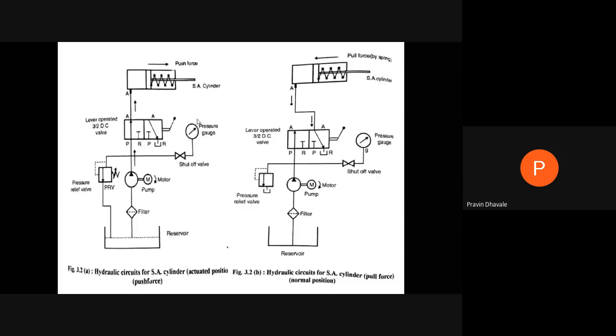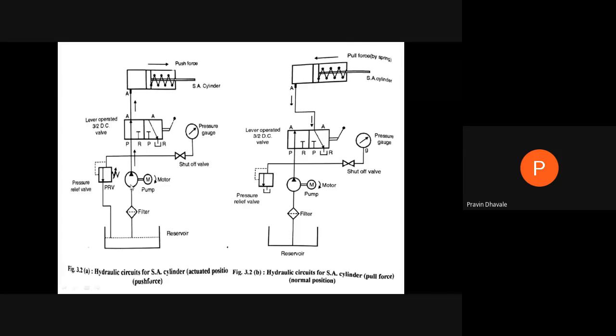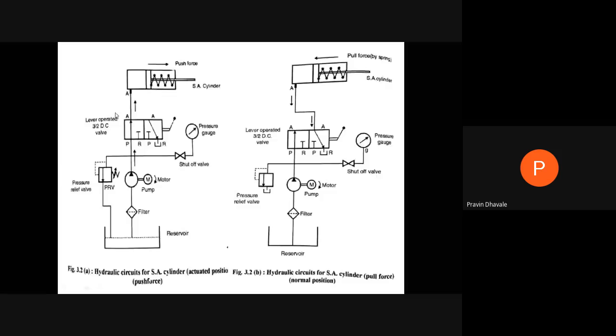Okay. This is the basic circuit for the hydraulic system. It consists of different elements like filter, pump, motor, pressure relief valve, pressure gauge, direction control valve, and cylinder. Cylinder is nothing but the actuator.